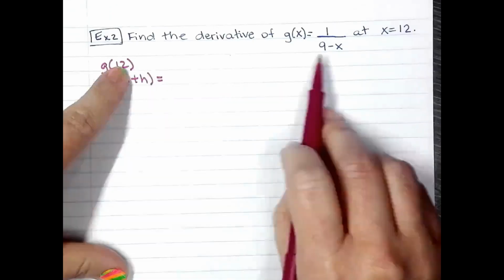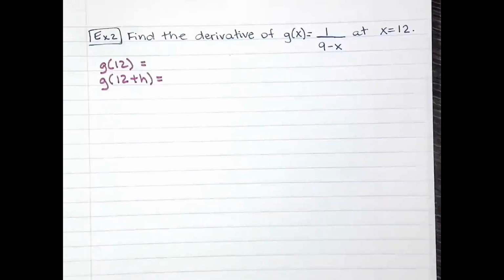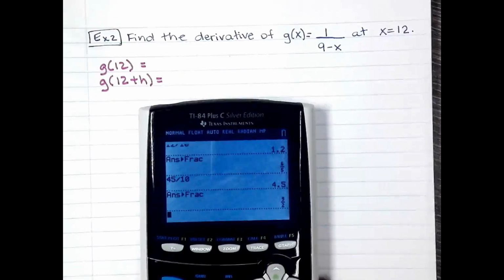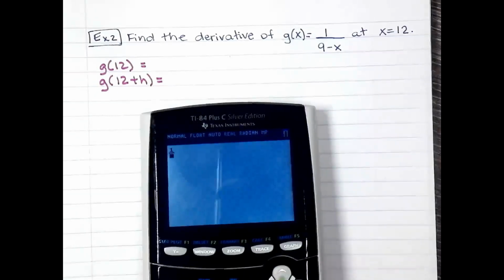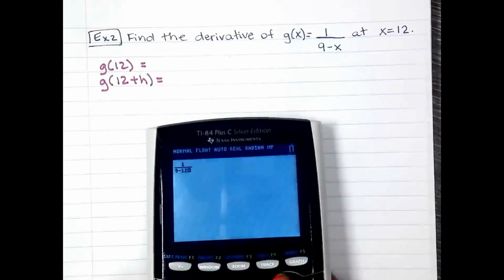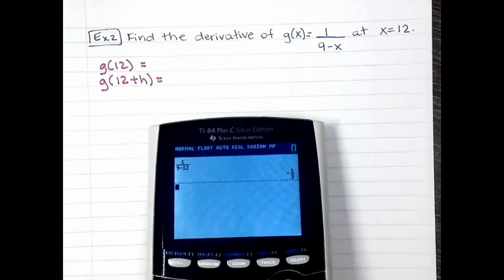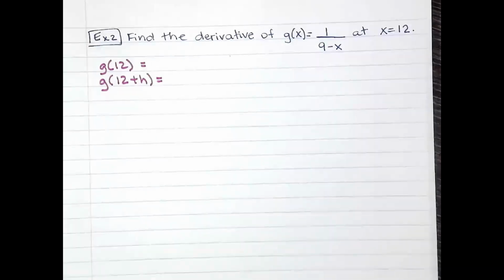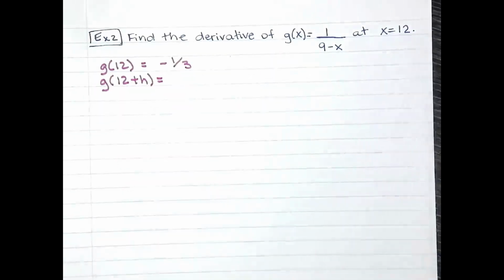Okay, substitute 12 right there where x is. So I have 1 over 9 minus 12. So you just simply get negative 1 over 3. That's the easy one. So negative 1 over 3.